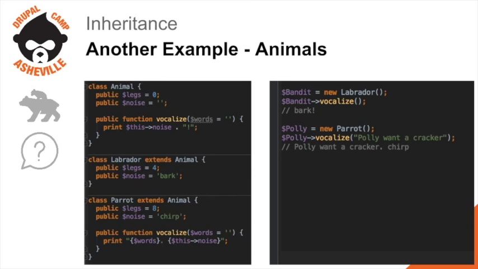And it repeats back to me, Polly want a cracker, chirp. Because I've overridden the vocalize method on the parrot class. So here's just another example of the same idea of inheritance using animals. If you want to see vehicles, I can write one up, but I haven't found vehicles to help me at all.